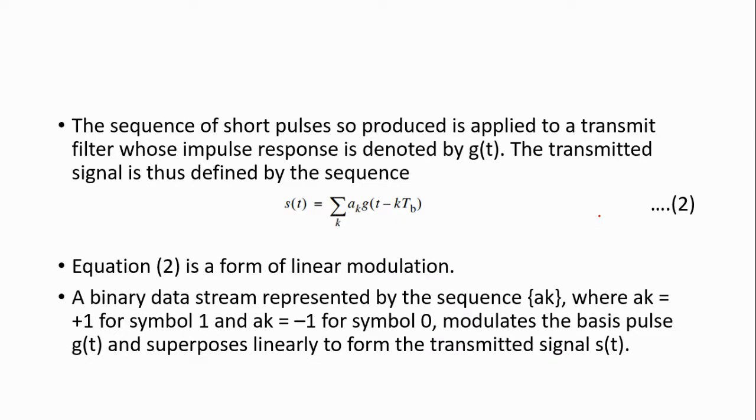I already told that the binary data stream is represented by the sequence a_k. If a_k equals +1 for symbol 1 and a_k equals -1 for symbol 0, then the new sequence is modulated with the basic pulse g(t), and the pulses superpose linearly to form the transmit signal. This output of the transmit filter is linear modulation.